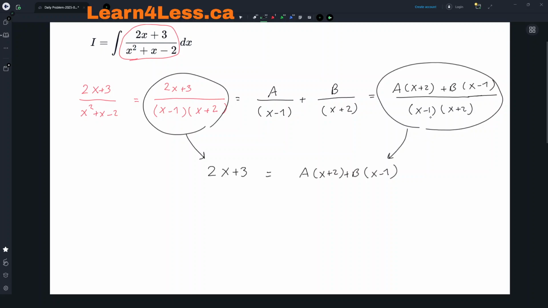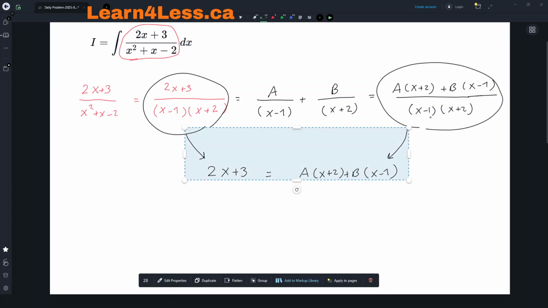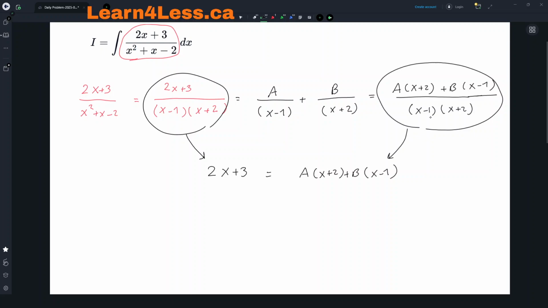Note that I want to make sure that I'm rewriting this function as a summation of two functions. And I'm not just finding one equation that's valid for one specific x value. I want to make sure that these two are always equal to each other, no matter what x is.